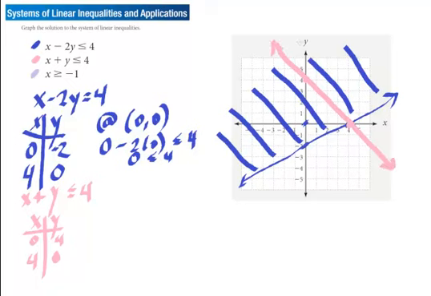Now, I'll need to decide if I'm going to shade this side or this side, and I'll do that with a test point. So at 0, 0, what do we have? 0 plus 0, is that less than or equal to 4? 0 is less than or equal to 4, so that means that this point is included. So it looks like I'll be shading this section here.